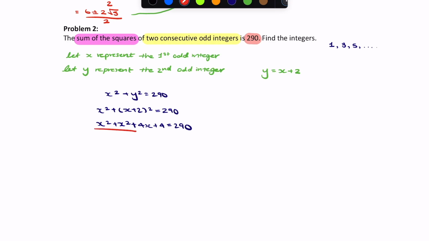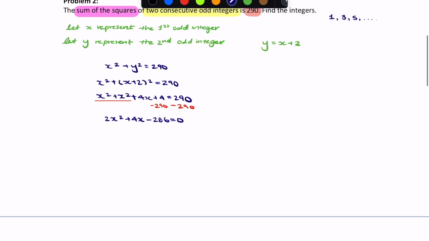Here we're going to collect our like terms of x squared, and we're going to move the 290 to the other side to make the equation equal to 0. So here we have 2x squared plus 4x minus 286 is equal to 0. Here we're going to factor out a common factor of 2.